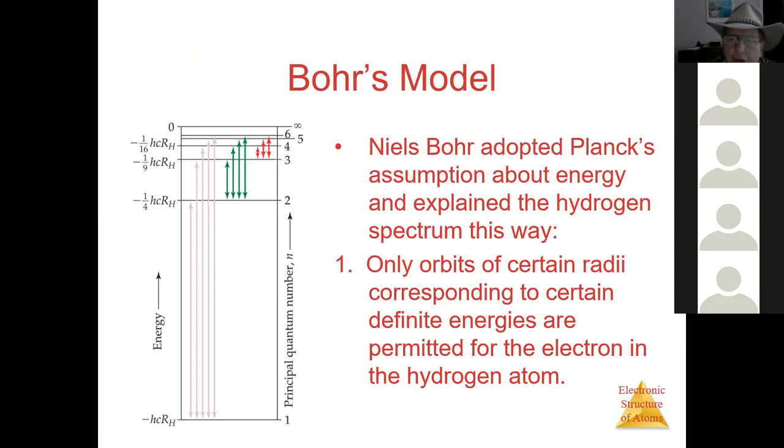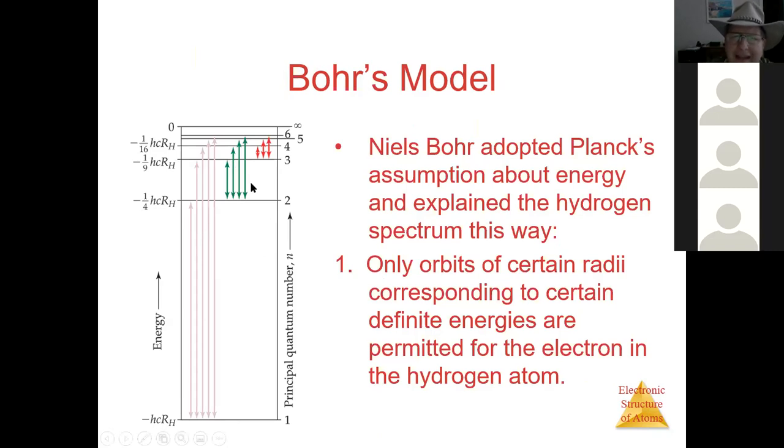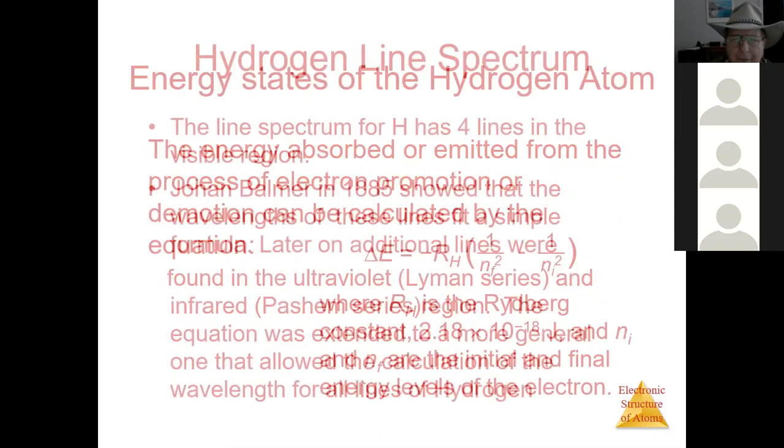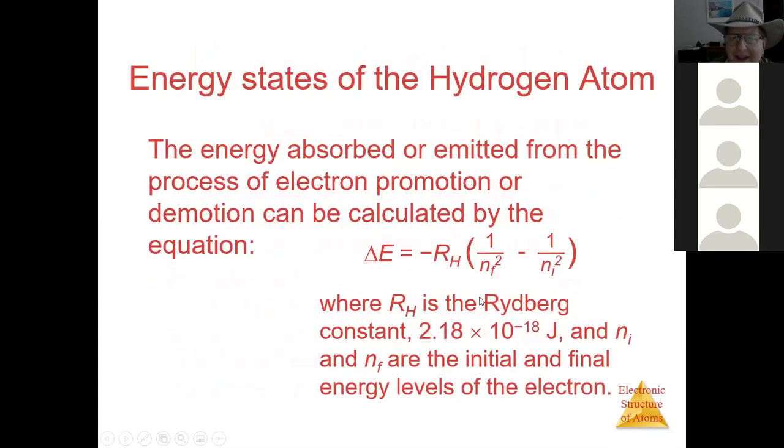If you're losing energy, if your system is losing energy, and the system is the electron, the system loses energy. Is that exothermic or endothermic? Exothermic. So what's the sign? Negative, which explains why there is a negative sign out here. That explains why there is a negative sign here.